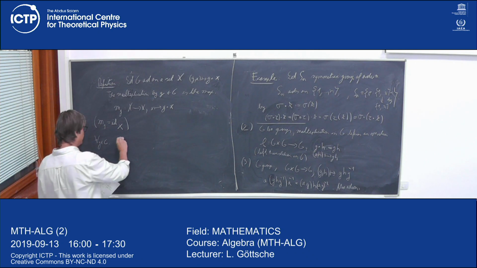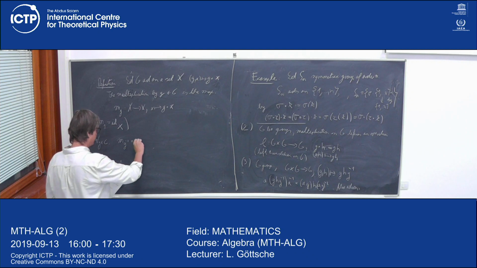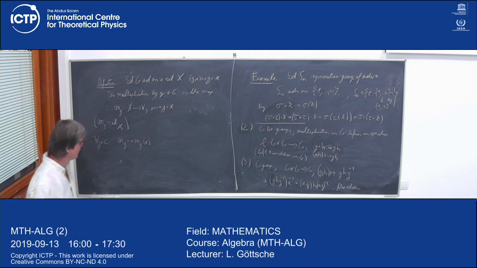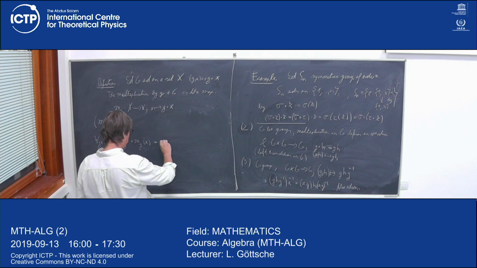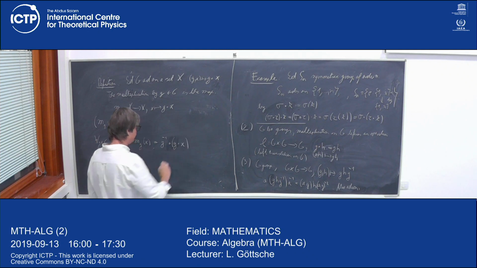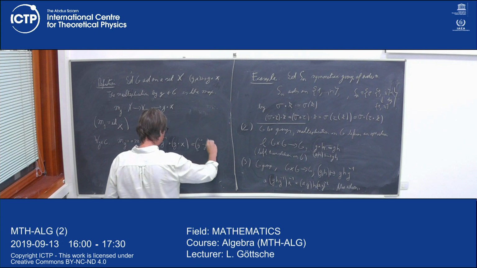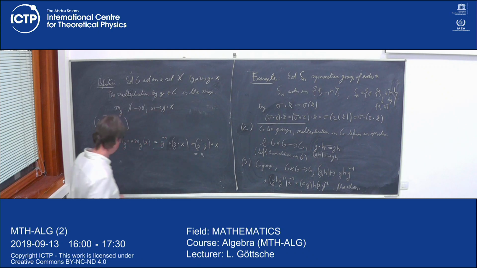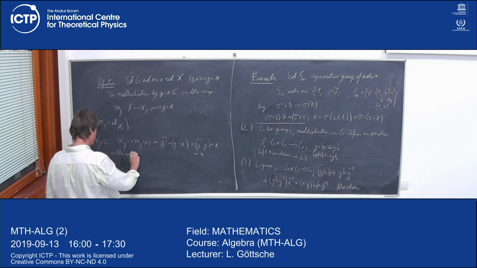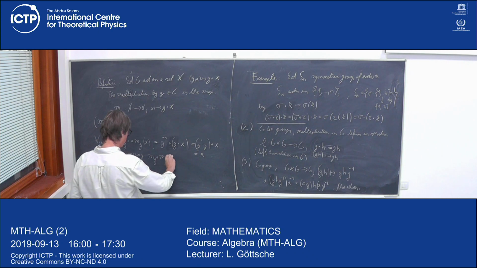Namely, that follows directly from the definition. For all G in G, if I take m_g to the minus 1 and compose it with m_g of X, that means we have G to the minus 1 times G times X. By the definition, this is G to the minus 1 times G times X, so this is X. And in the same way, m_g composed with m_g to the minus 1 is also the identity.